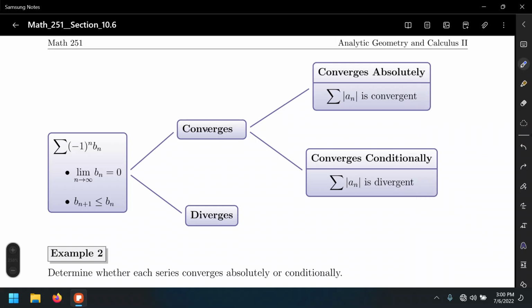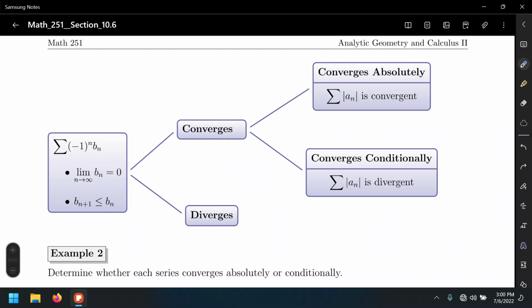It converges, and this is what we did so far, just checking the conditions. From here we take the absolute value of the series, which is a whole new series. If that converges, then the original converges absolutely, but otherwise it converges just conditionally. If, like in one of the examples that we did before, at least one of these two conditions fails to be met, it diverges, and we're done.